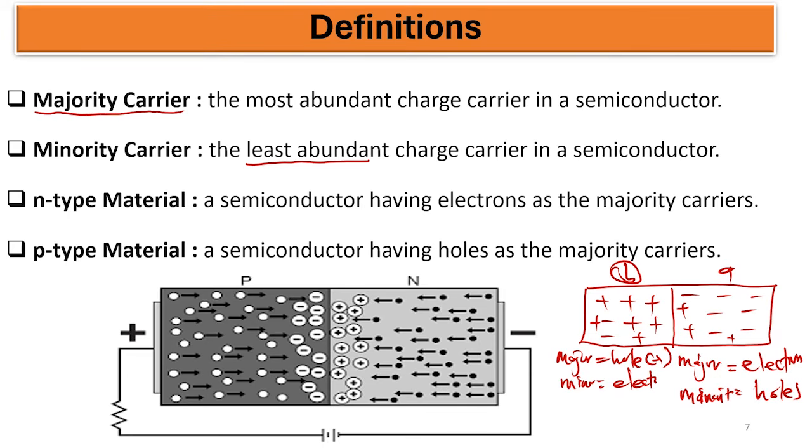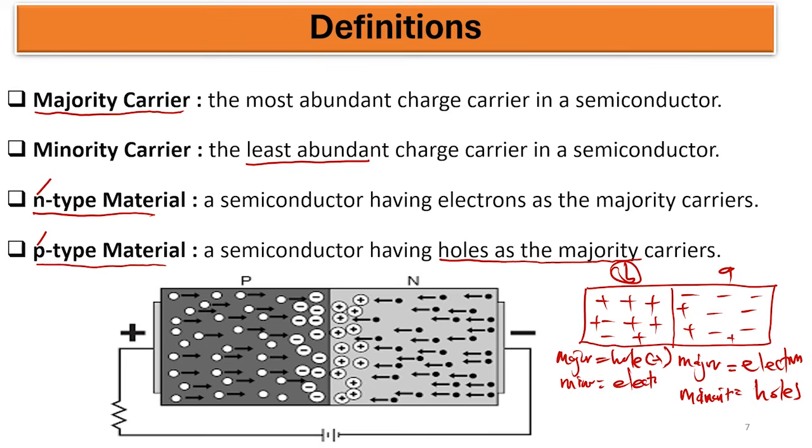All right, so we are also going to pick various semiconductors, and you'll be hearing the words N-type and P-type materials. Here, N-type is a semiconductor having electrons as the majority carriers, and P-type is having holes as the majority carrier. It is very simple to differentiate.